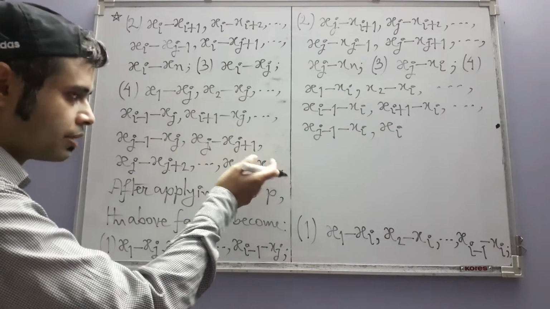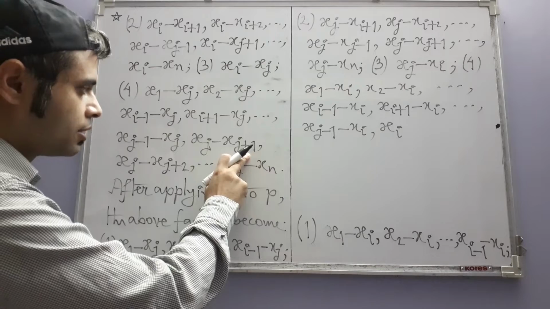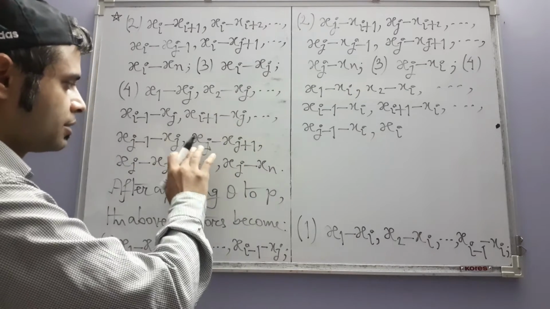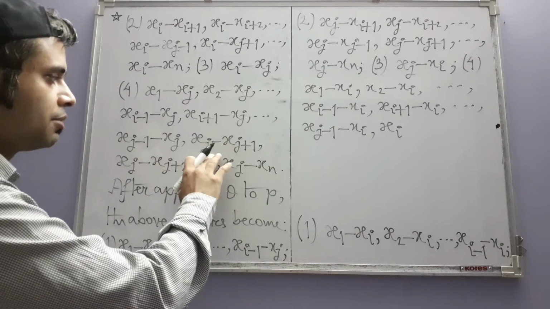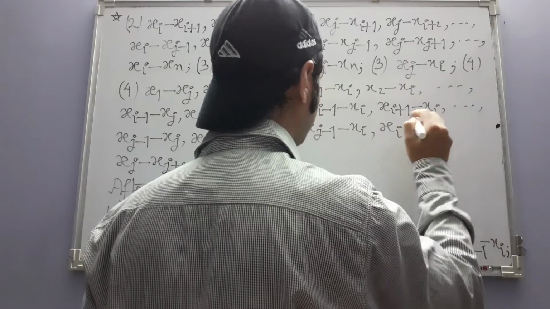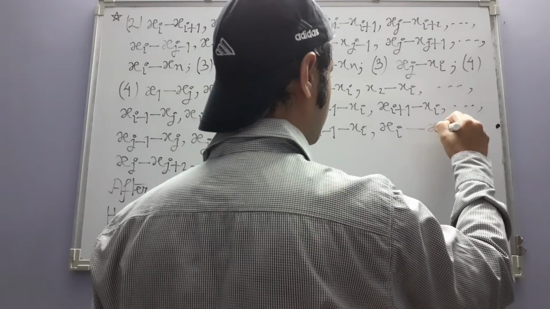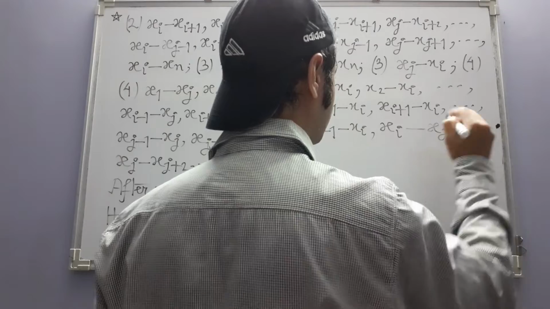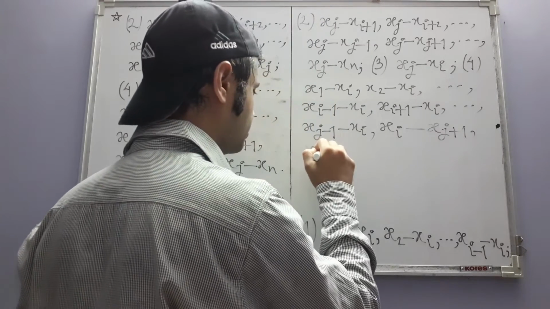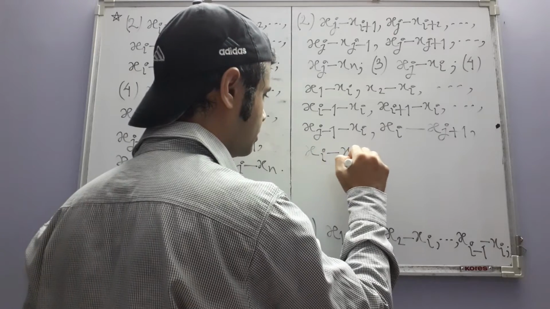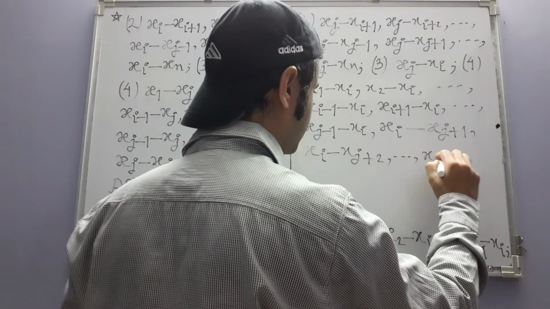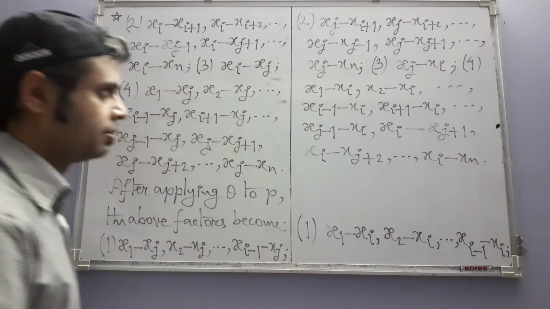But in the next one, j plus 1 is encountered, which is greater than j, so we had to change the position of xj. Now the things are not ending with xj but beginning with xj. So here correspondingly we have xi minus xj plus 1. I wrote one more. So xi minus xj plus 2, and finally xi minus xn.